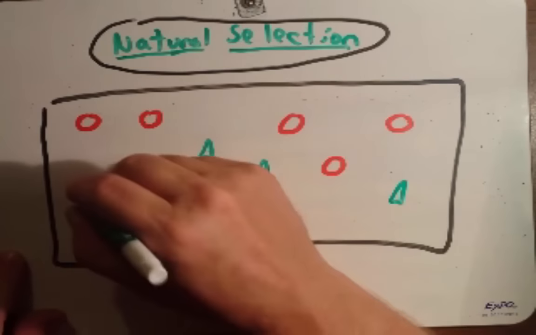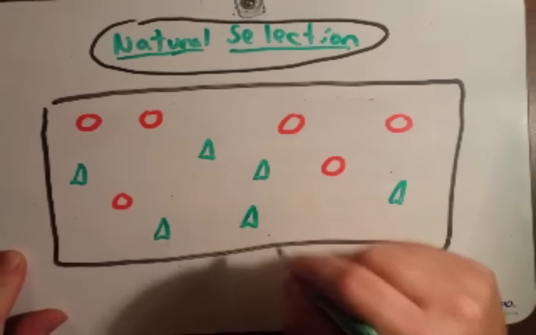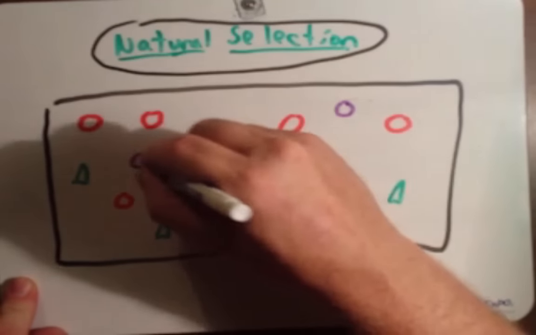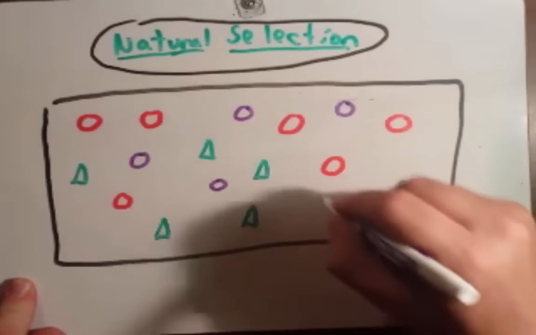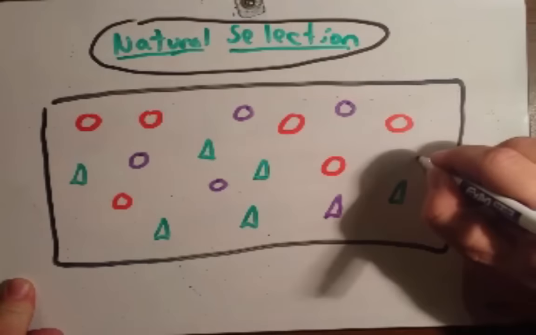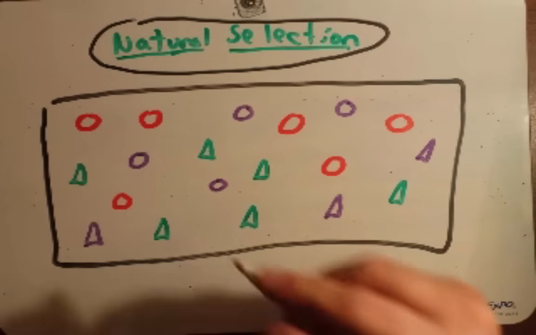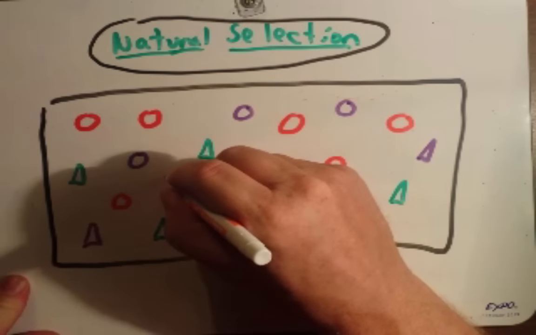Obviously these are just generic species just to make the point. Maybe we're going to have some purple circle ones. Maybe even a couple purple triangles. There's going to be a lot of diversity here. They're not all going to look the same. They're going to look a little different. And this is what we see in most populations. We do see some diversity.